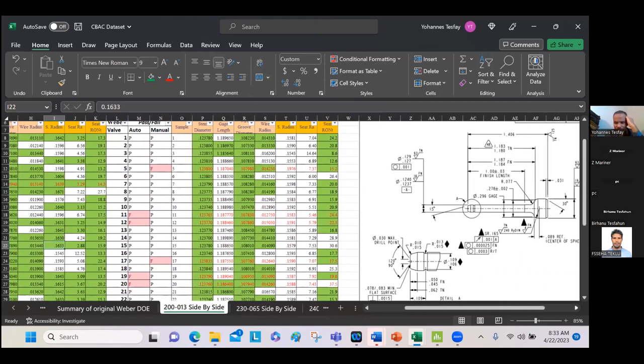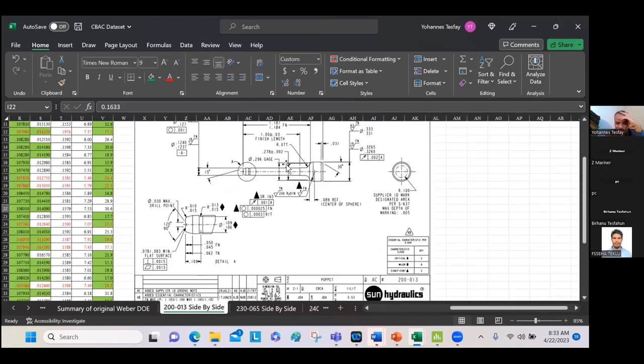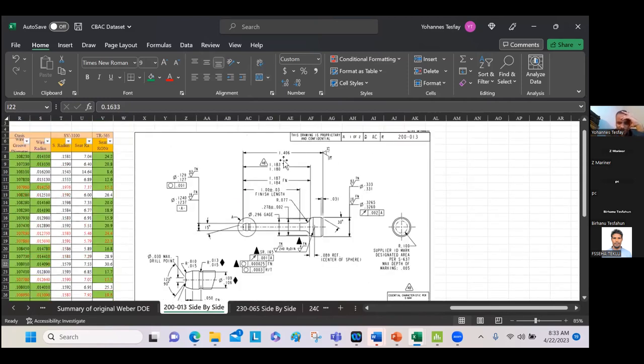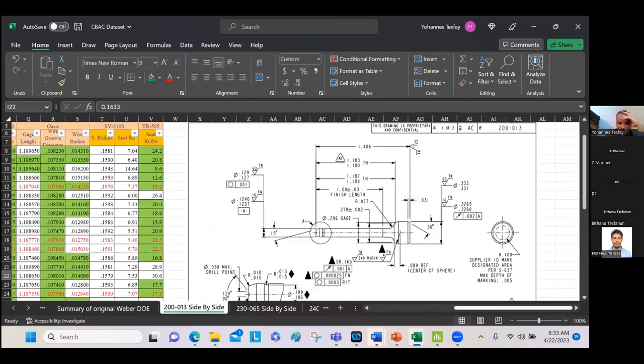So now almost, this is the piston we saw earlier. The measurements in this section: this angle is 15 degrees. The diameter on this surface is given, and roundness is 0.01 on the surface.